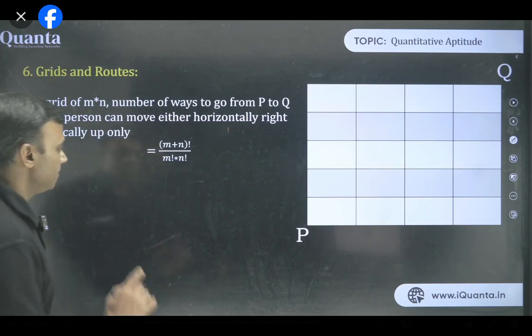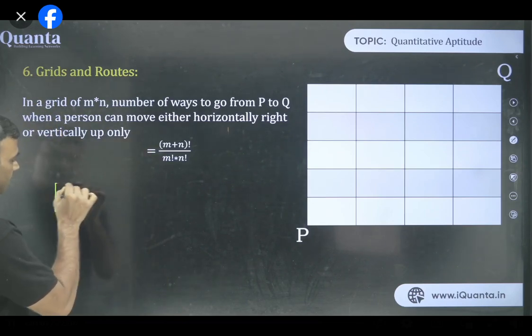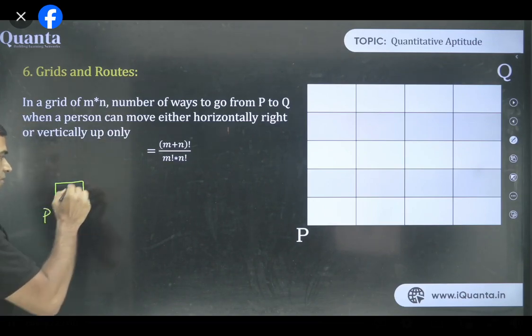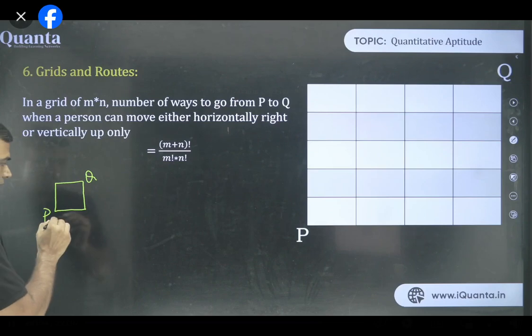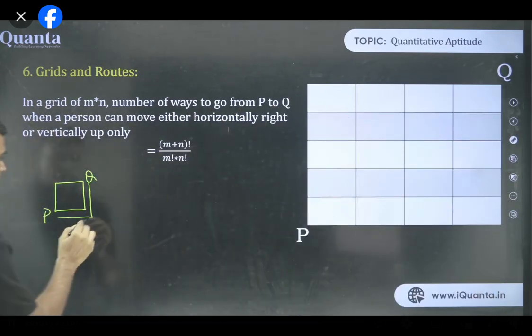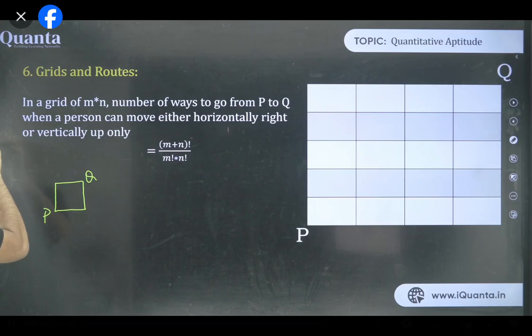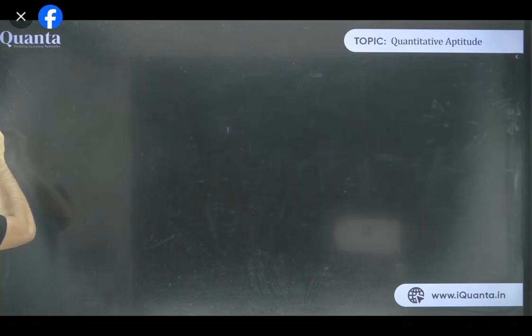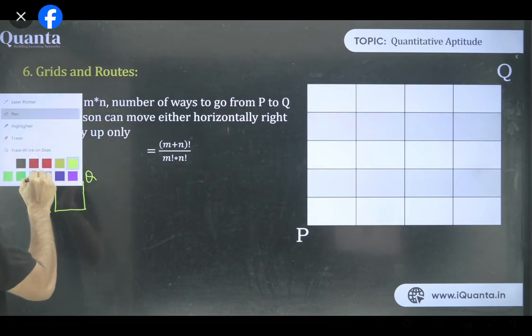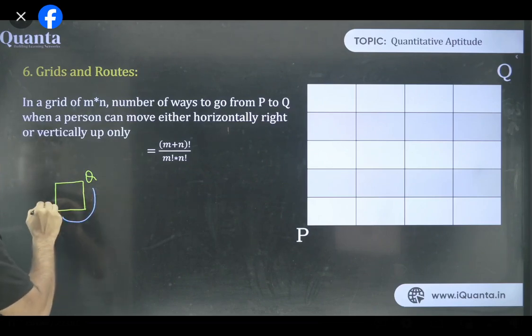Okay, listen very carefully. If I have this grid, in how many ways can I go from this point P to this point Q? I can go like this. So this is one way. One way of going from P to Q is like this, and one way is like this.